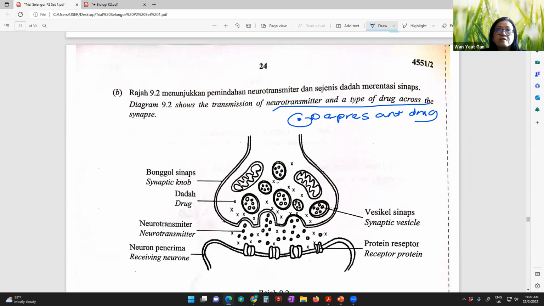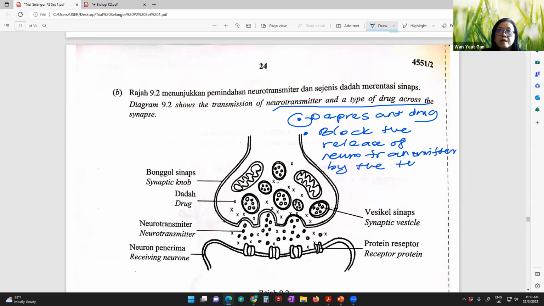Now, what this drug does is that it blocks the release of neurotransmitter by the synaptic vesicle. Okay, you can see in the diagram here, these dotted neurotransmitter are released by the synaptic vesicle.